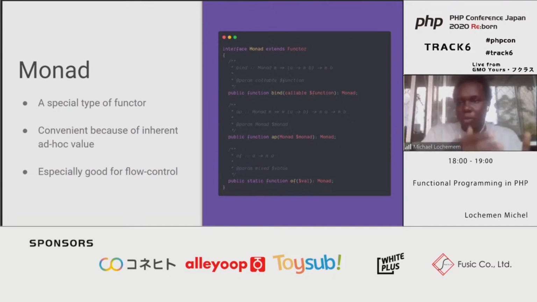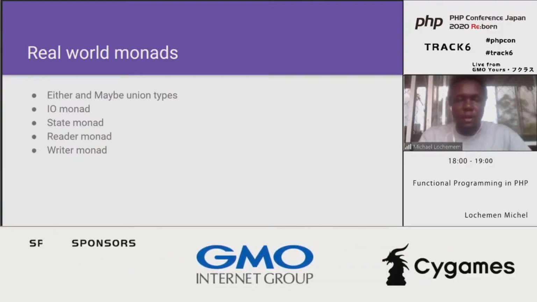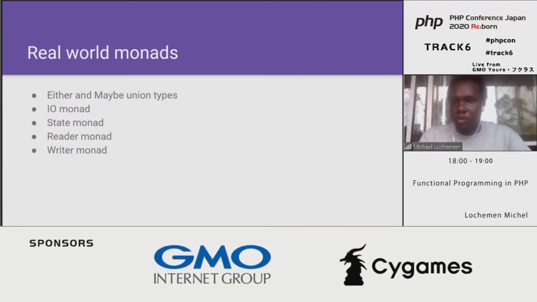So these are really important, but monads have a certain specificity to them, and we'll see this. Real world monads, the ones you can use in your programs: Either and Maybe, which are great alternatives to using exceptions, IO for handling your input-output, the State monad, the Reader monad, the Writer monad.